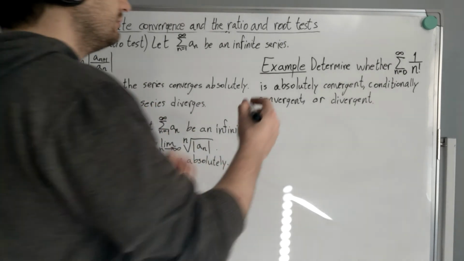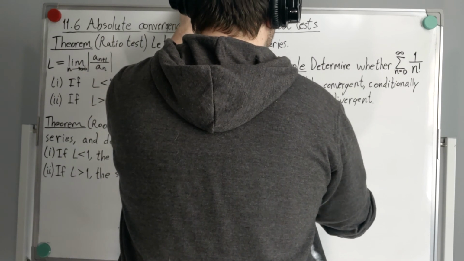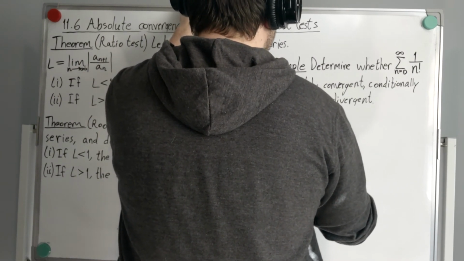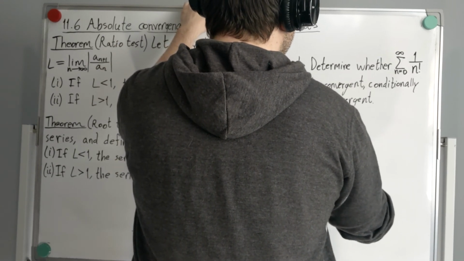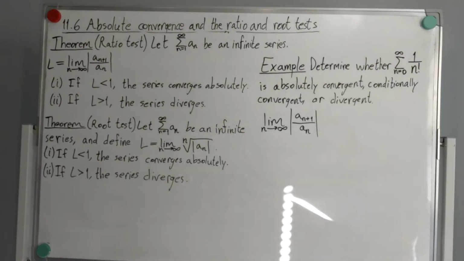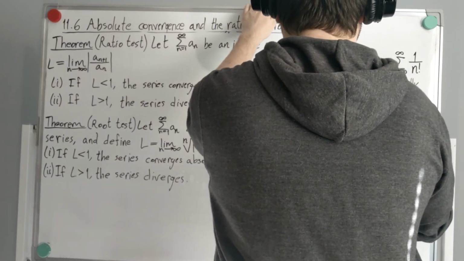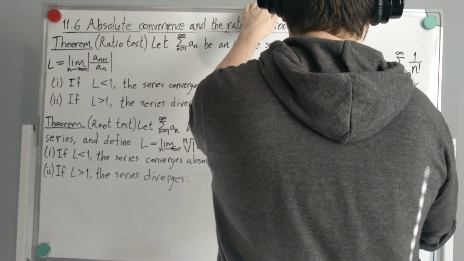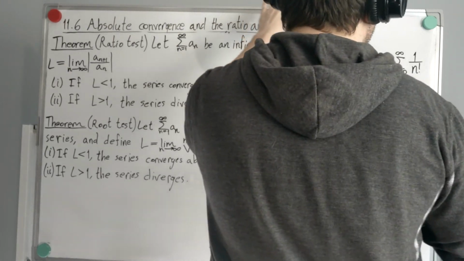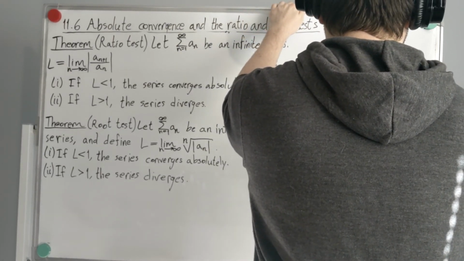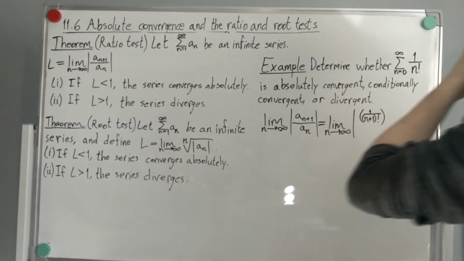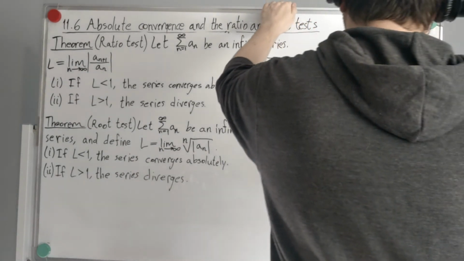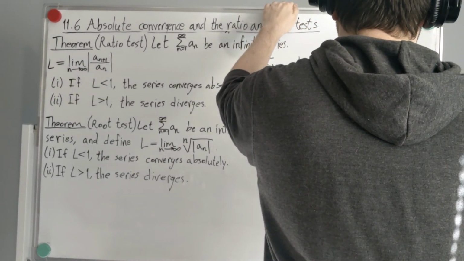Here's how it works. We're going to take the limit as n approaches infinity of the absolute value of a_(n+1) divided by a_n. That is the limit as n approaches infinity of the absolute value of 1 over (n plus 1) factorial, divided by 1 over n factorial.